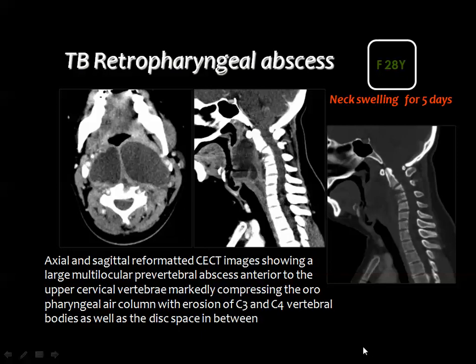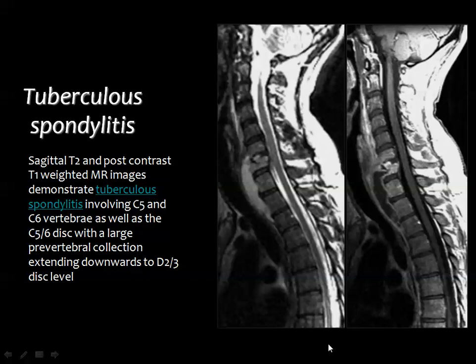Then tuberculous spondylitis with retropharyngeal abscesses or mediastinal abscesses are well known. And this is an example of tuberculous spondylitis. And here you see involvement of T2, C3, C4, C5, and C6, as well as the disc space in between.